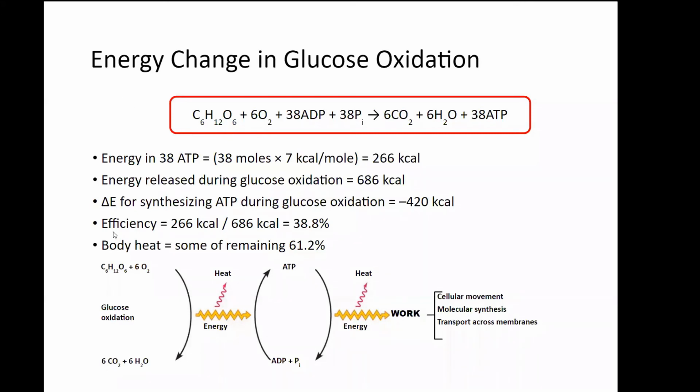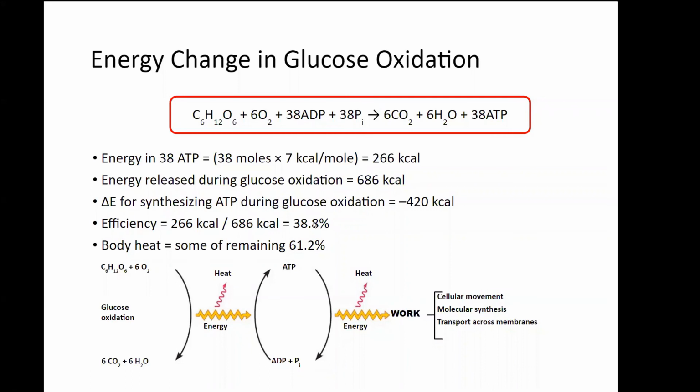We can calculate the efficiency of our conversion of glucose into ATP by comparing these two numbers. So here we see the energy that we get out at the end in our form of ATP is 266 kilocalories, but the amount of energy stored was 686. So we can see that we have an efficiency here of about 38%. Now, that might be surprising.